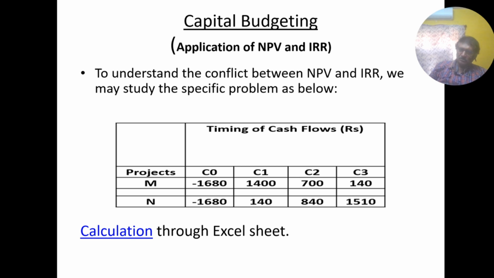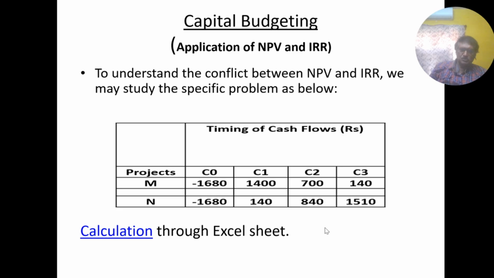Now I am going to show you the calculation, then we will interpret and then we will take the decision. Okay. For ease, we have taken the help of an Excel sheet for computation of net present value, NPV, and IRR, because to calculate IRR manually it will take a lot of time.